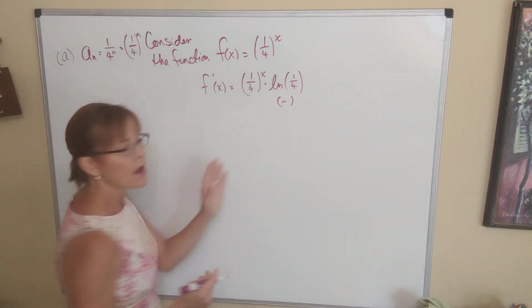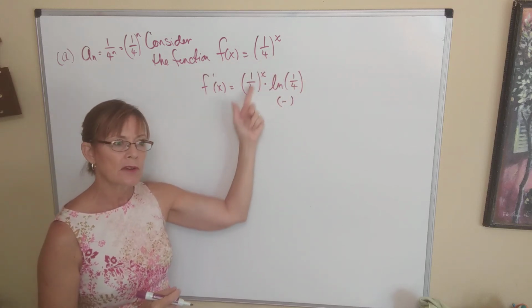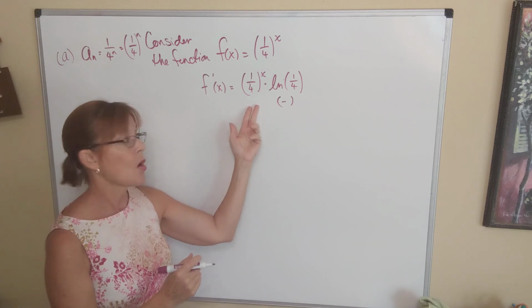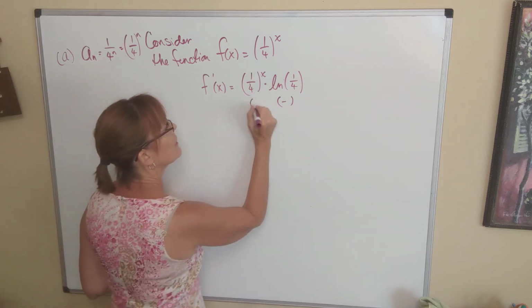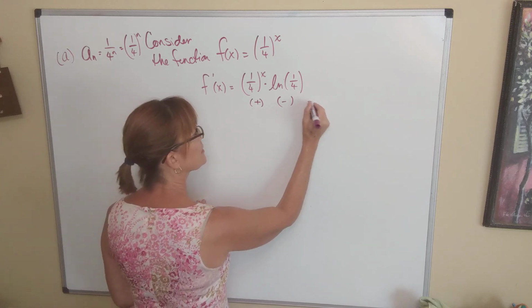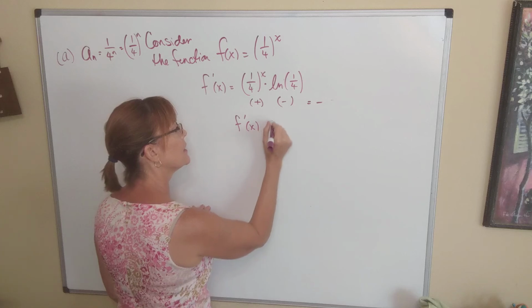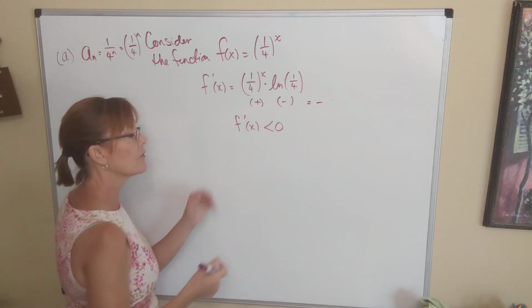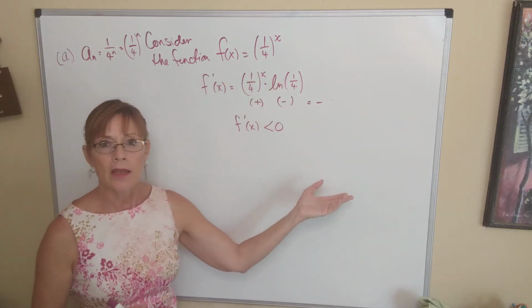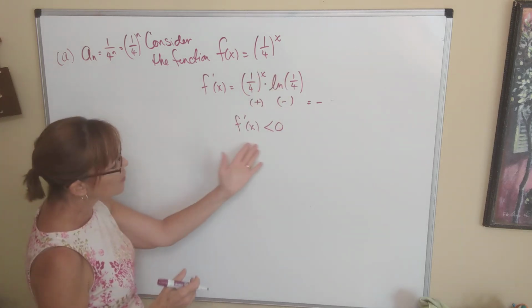All right. And then if you have a base to a power, it doesn't matter what the base is, if it's being raised to a power, if you look at the graph, this is always positive. Well, what we have here is a positive times a negative, which is a negative. So what we see here is that the derivative is going to be negative for every value of x. So it's always negative.